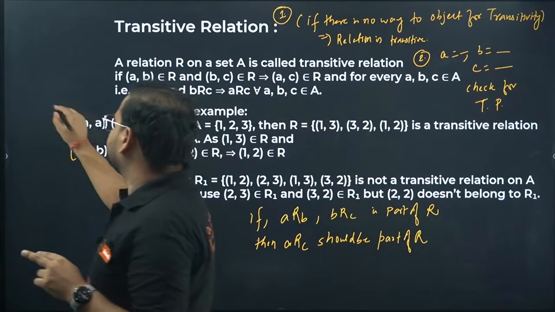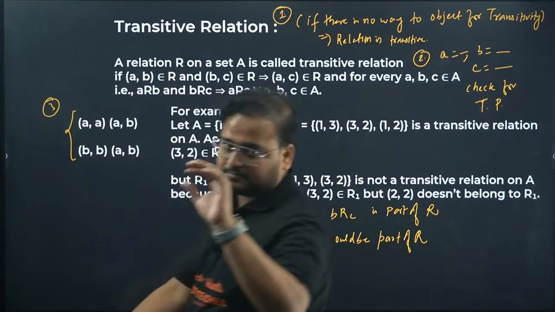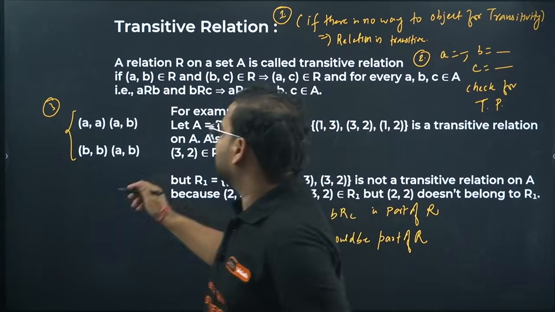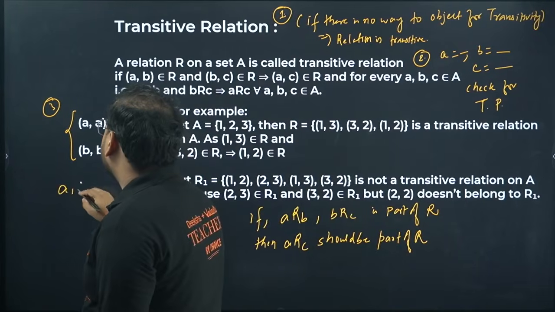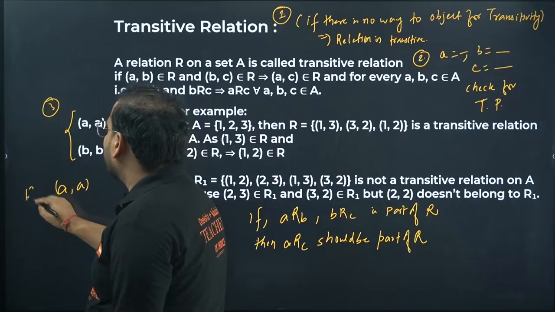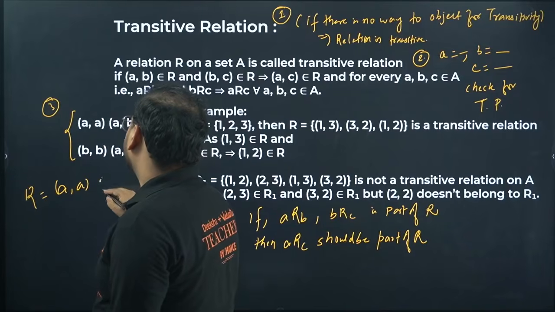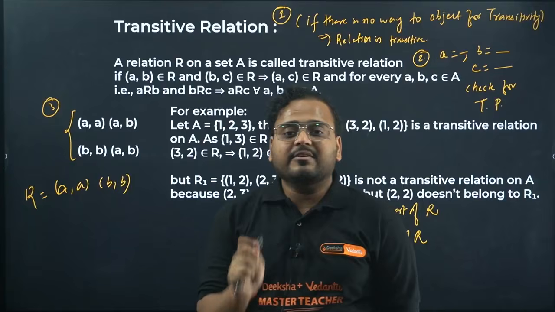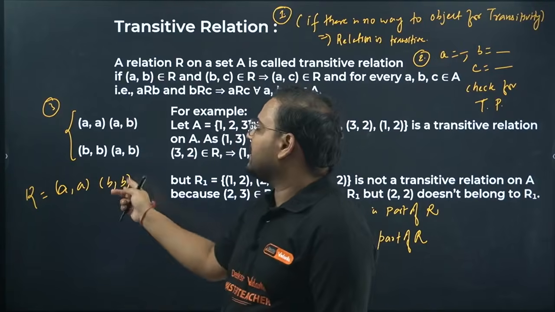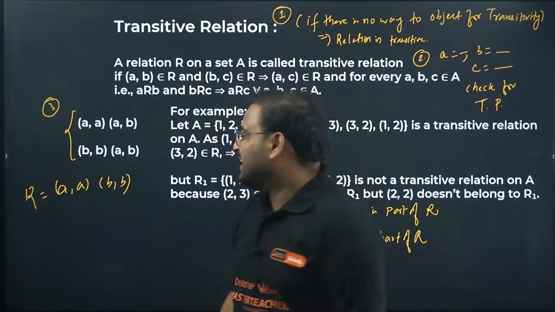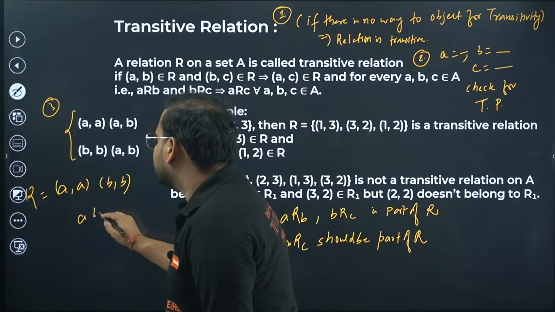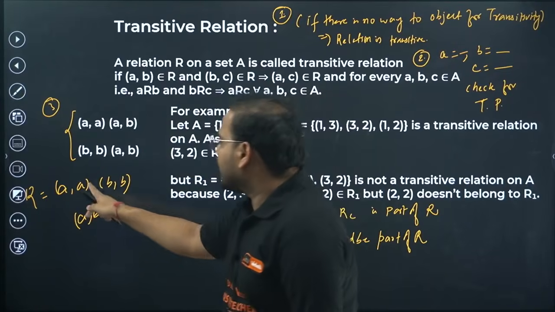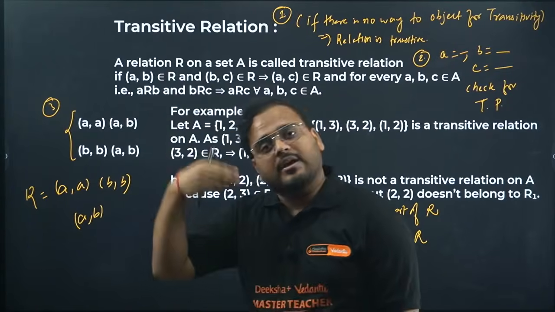Third one is over here. I'll come back to this now. Let's say in a given question they have said that the relation R has AA in it, also has BB in it. In a given relation R, the ordered pairs AA and BB are present, and they are asking you to check whether AB is there. You don't check for transitivity. If you have AA, BB and AB, it's always transitive.